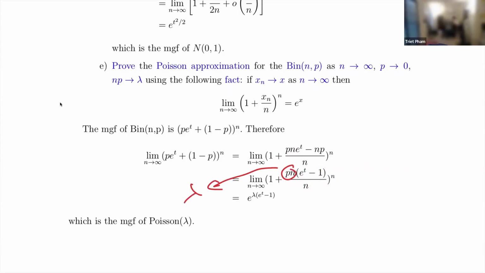So everything relies on that structure where you have 1 plus something over n raised to n converging to e to x, even for the Poisson approximation. Okay. Any question about the last one right here?